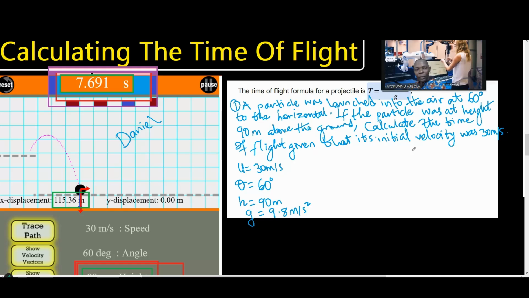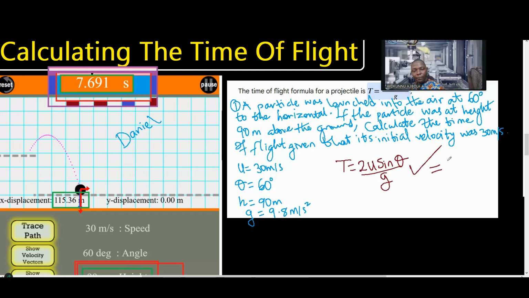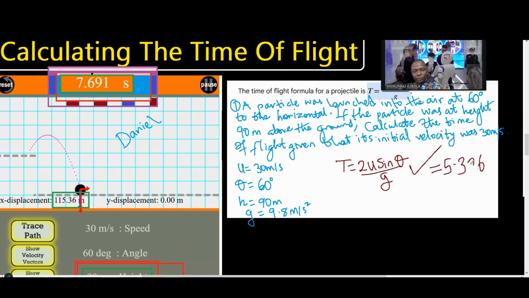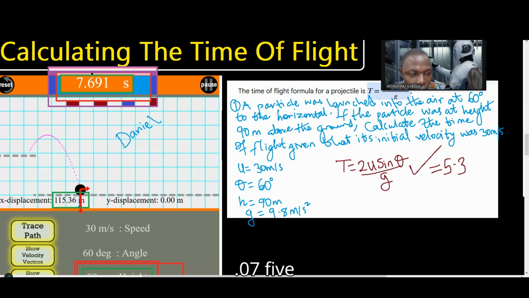Diana is 10.6. Samantha is 10.6. 5.326 seconds. Is it the same as the time of flight?